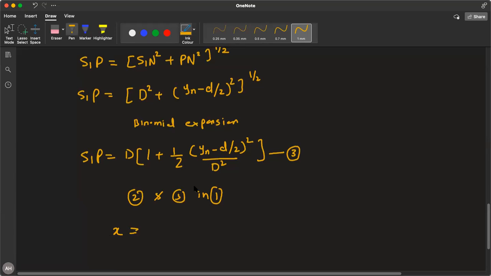Anyone else got the answer? Just substitute 2 and 3. Majority of terms will get cancelled out. Noor, Sania, just do the substitution. Put 2 and 3 in 1. That's it.